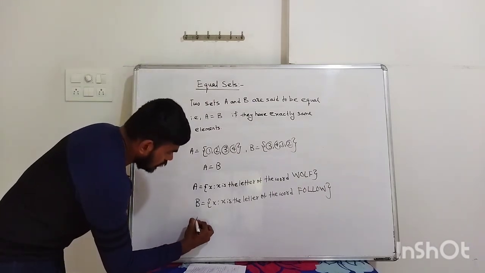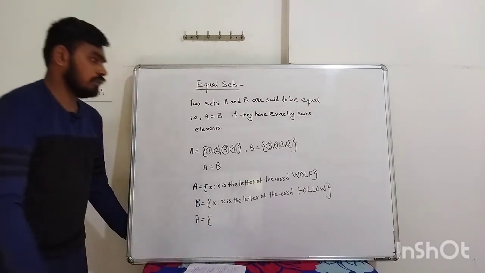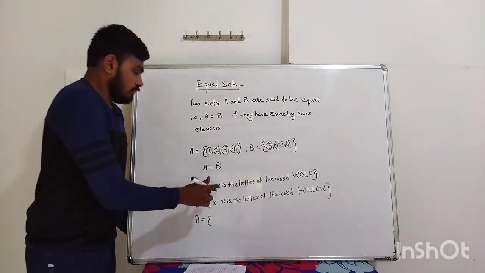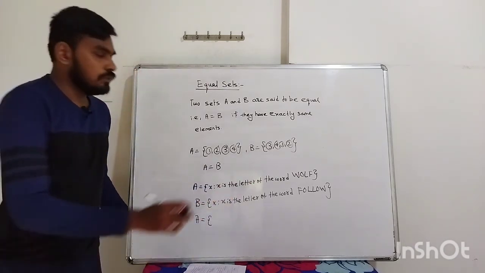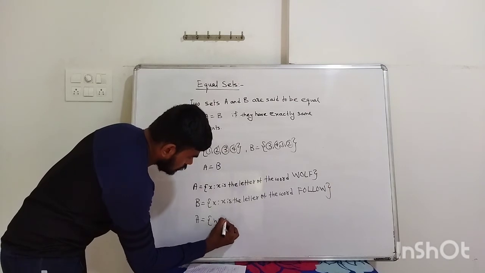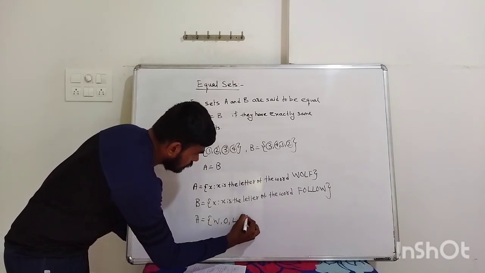So we'll write it in set builder form. A will be what? x should be a letter of the word WOLF. So WOLF has 4 letters: W, O, L, F.